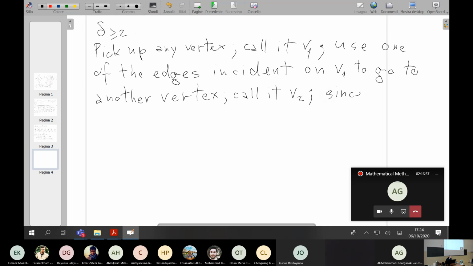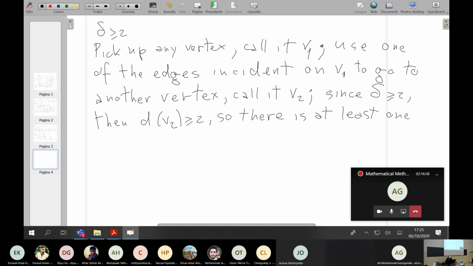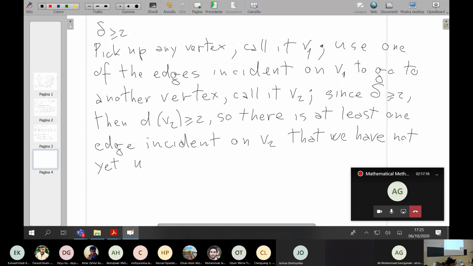Since small delta is greater than or equal to 2, then degree of V2 is greater than or equal to 2, so there is at least one edge incident on V2 that we have not yet used.